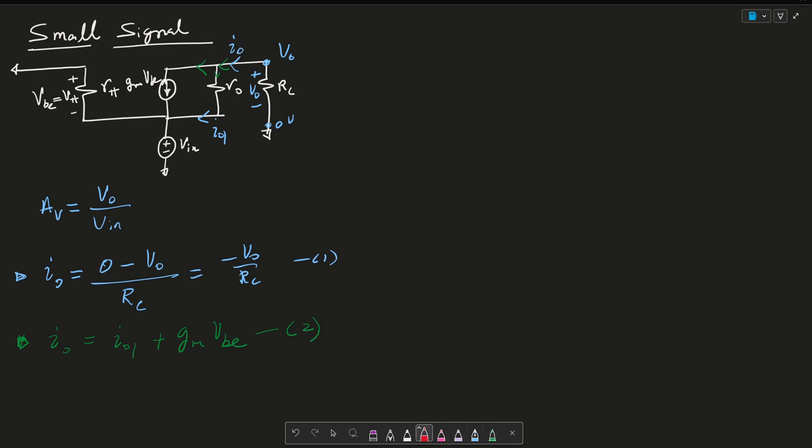So then let me start writing out my KVLs. I can write a KVL here. Let me call this 1. So the KVL says that VBE plus VN has to equate to 0. So VBE is equal to minus VN.